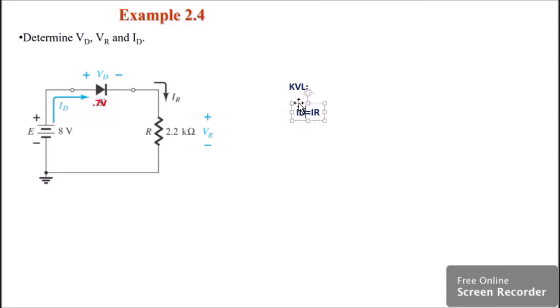Alright. Now, since closed na ating circuit, pwede na tayong mag-proceed sa KVL. Now, according to KVL, saan tayo magsisimula? We can start anywhere we want. So we will start here. We will list all the voltage supply that we will encounter, while taking note of the sign. So, meron tayong negative E, plus 0.7 volts, plus, we're going to the positive sign of the resistor, so plus VR.